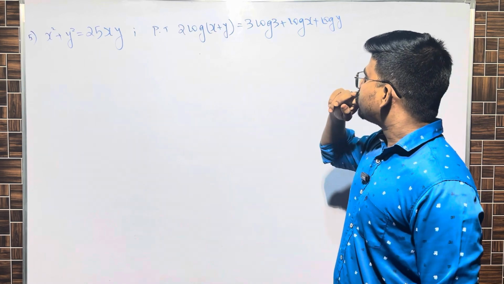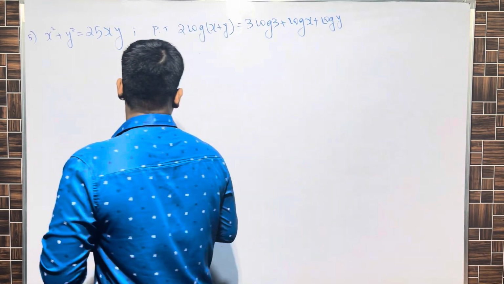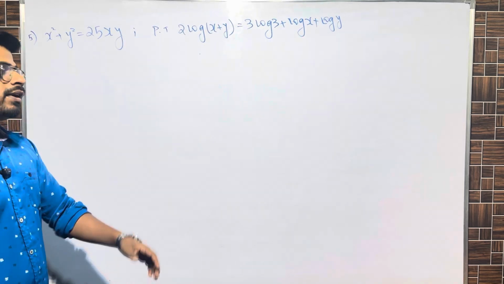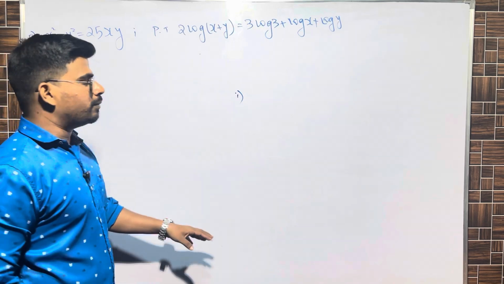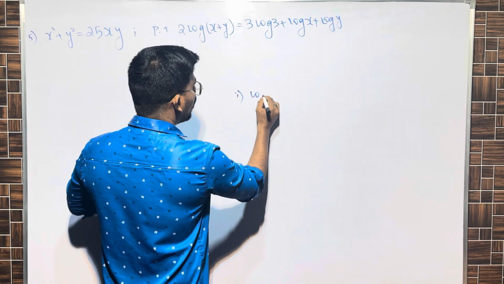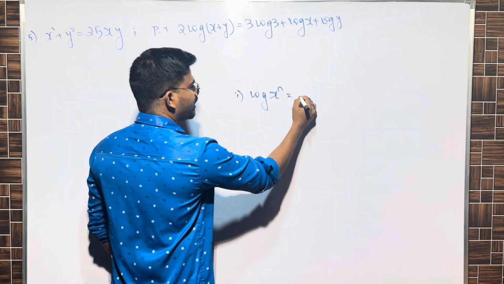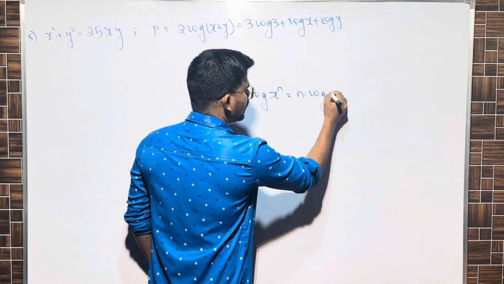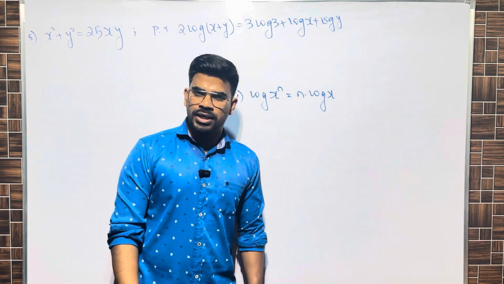One more thing. Before introducing logarithm, you should know certain rules of logarithm. So let me write those rules for you. If you already know them, well and good. Those who do not know, please make sure you are familiar with this. The first one is log of x power n. Log of x power n is n log x. In some textbooks you might find it as a power n; whatever the variable is doesn't matter.